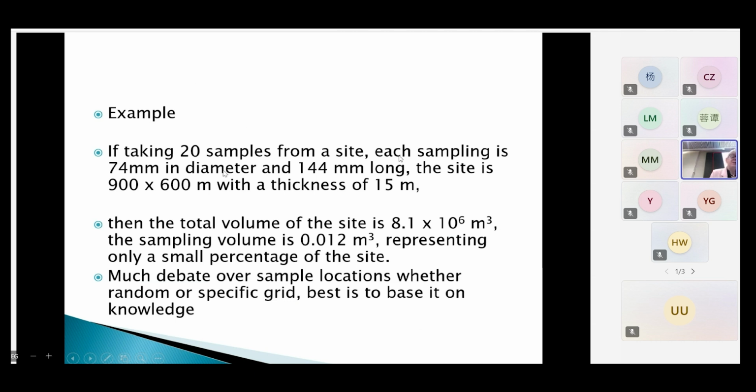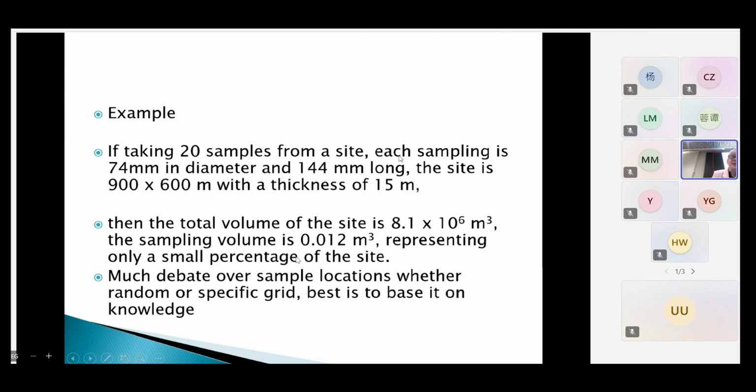So just to show you a quick calculation, it's just to show you that even if you are sampling, in reality, you're only going to be taking a very small percentage of the soil at that particular site. So if you take 20 samples, each of them are about this size, figure out the volume for each of them. The volume of your site in this particular case is more than 10 to the 6 cubic meters.